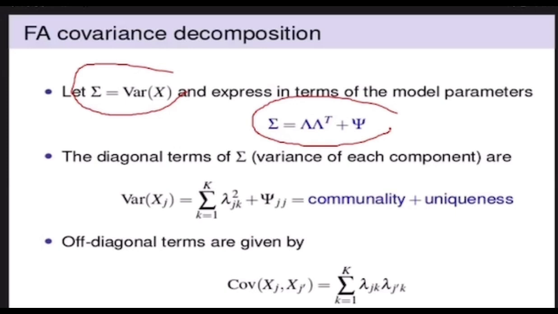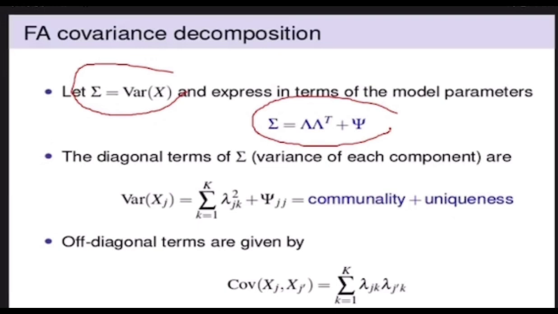The communality is the total variance explained by factors. The uniqueness is the variance that is not explained by factors. Factors cannot explain that variance in the features. And that's why we call it uniqueness.